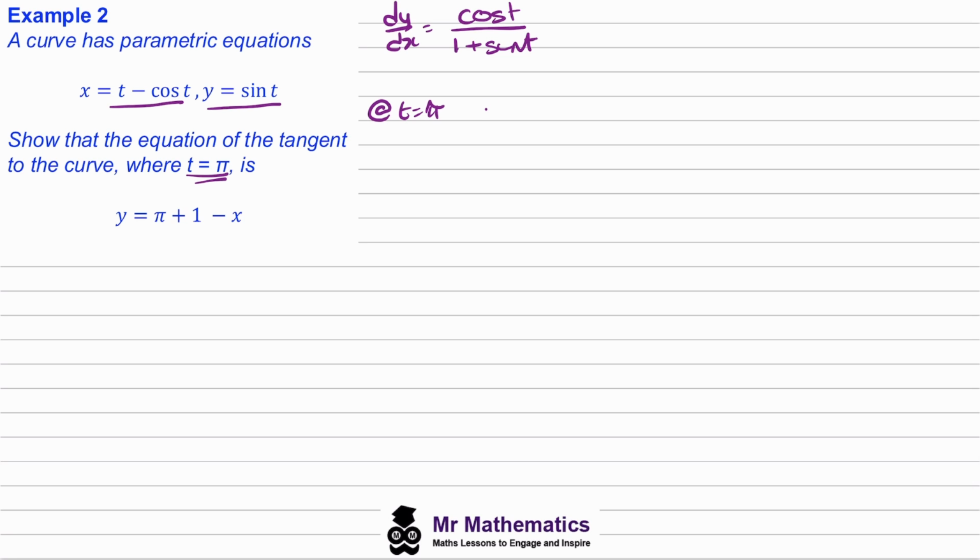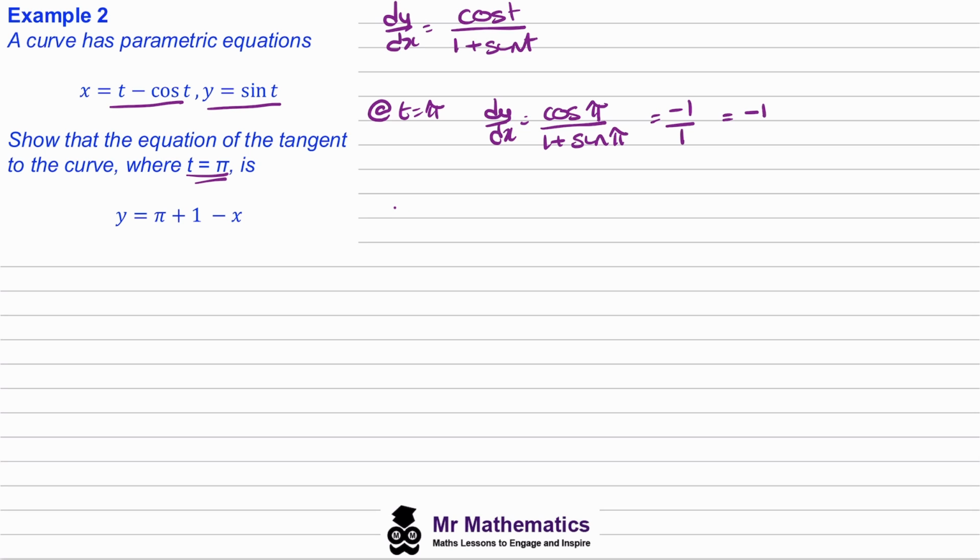We'll substitute pi in place of t. So dy by dx will be cos of pi over 1 plus sine of pi. The cos of pi is negative 1. The sine of pi is 0. So the gradient at t equals pi will be negative 1.